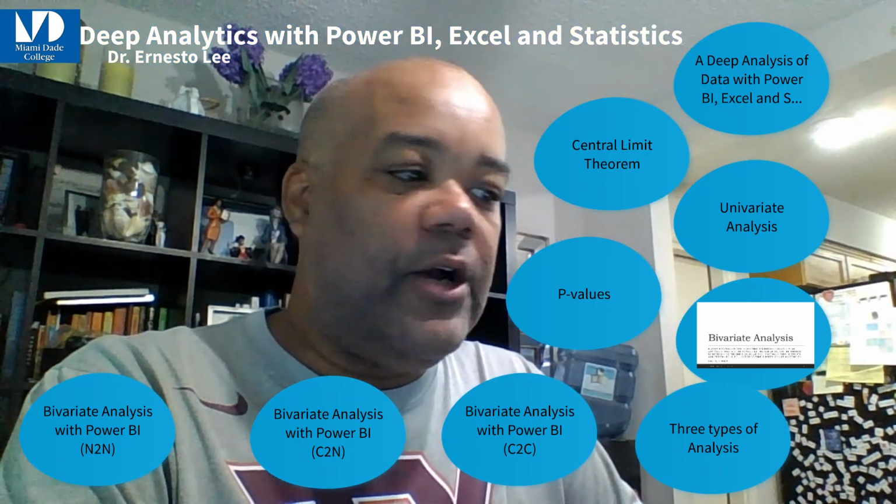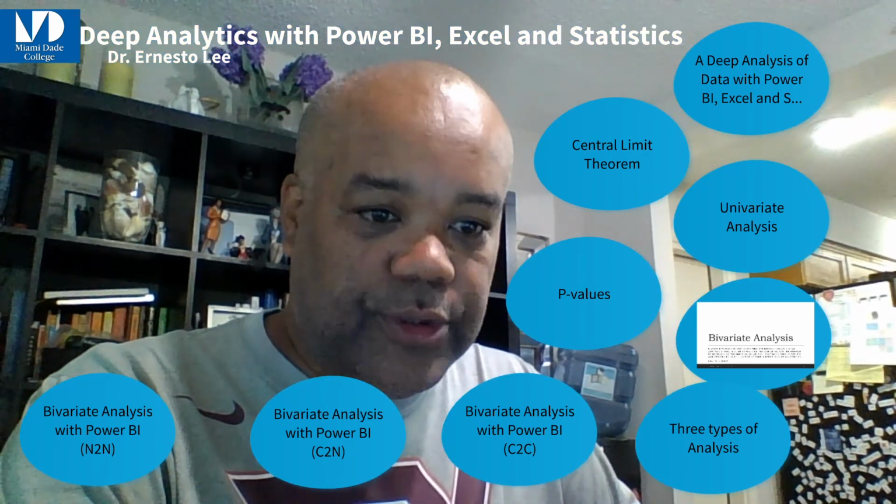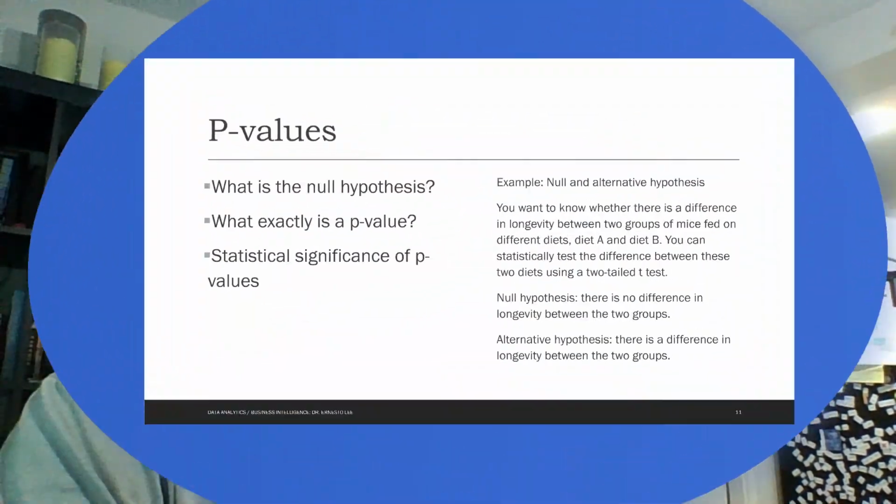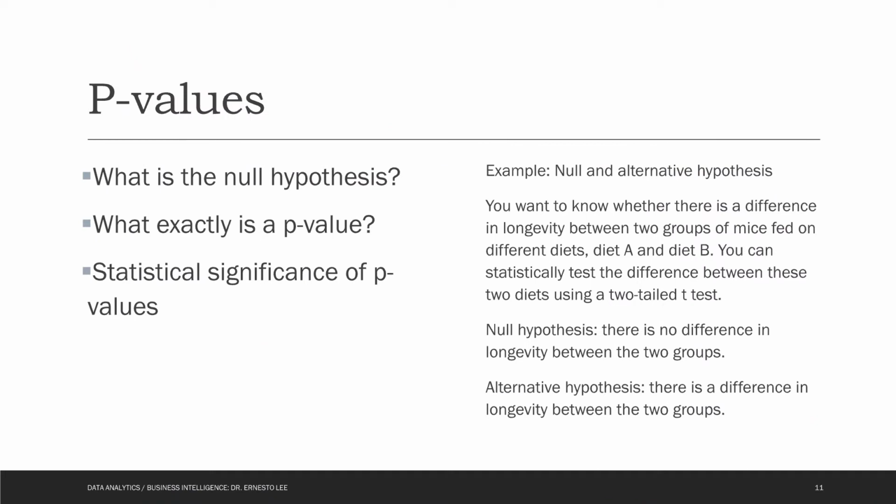Okay, what we're going to cover now is p-values. P-values stands for probability values. It's a number that's calculated from a statistical test, and it describes how likely you are to have found a particular set of observations if the null hypothesis is true.